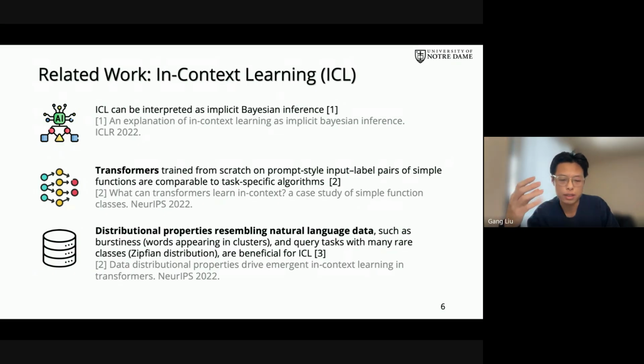Previous studies also tried to explore whether in-context learning abilities emerge beyond language data. They used prompt-style input-label pairs of simple functions, and found that the transformer can also do very well in such scenarios. The third point is that other work found that the distributional properties of the pre-training data are really important.